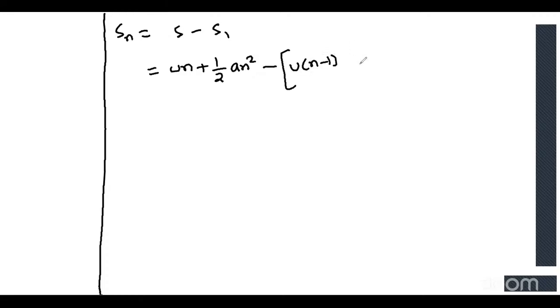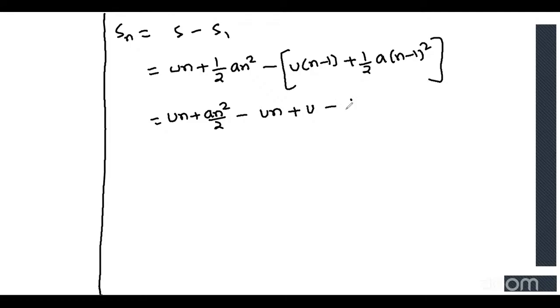That is, Sn equal to S minus S1, which is un plus half an square minus u times n minus 1 plus half a times n minus 1 whole square. Expand this minus sign: un plus an square by 2 minus un plus u.